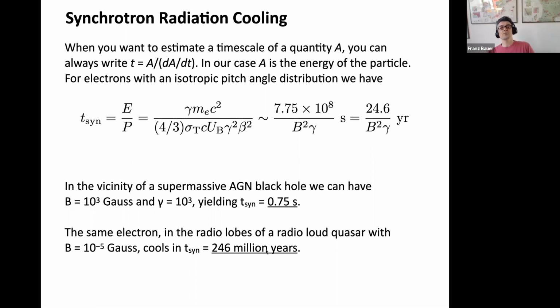And so if you see a radio lobe, it had to be produced and has a lifetime of that. So it wasn't always there. And if you don't see a radio lobe, or if you see that the jets have moved, you can actually estimate how fast that happened because of things like this cooling time.